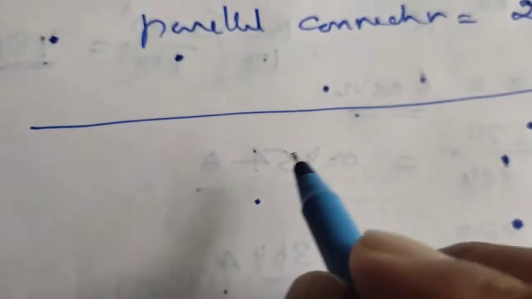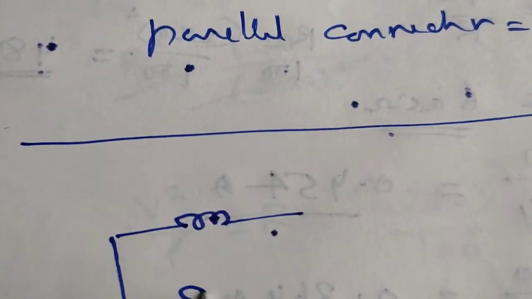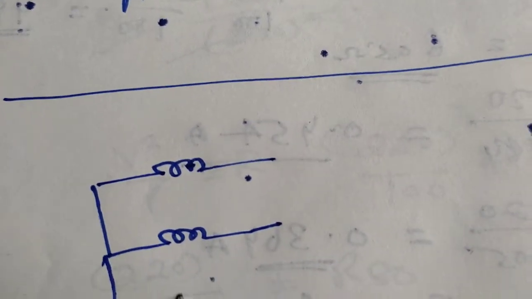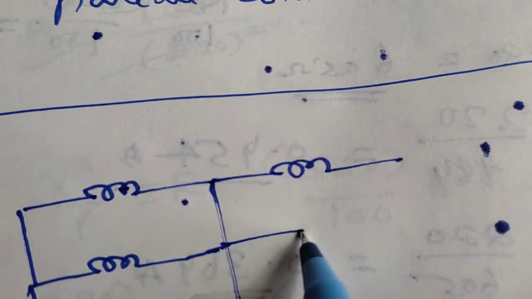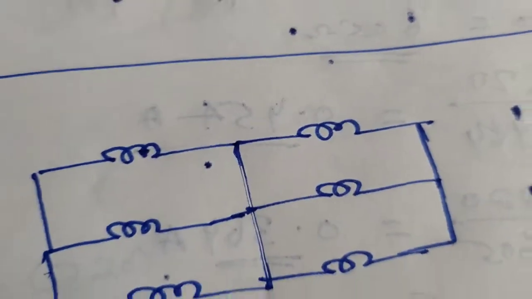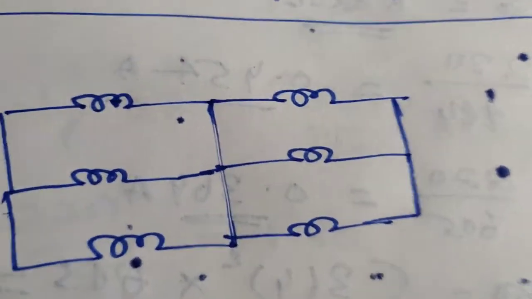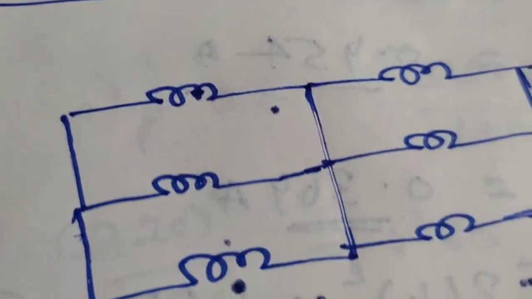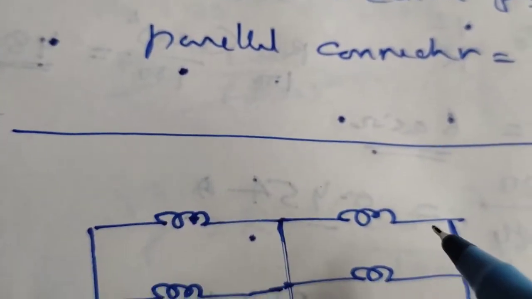Let us see another question. Three bulbs are connected to a cell, and their resistance is the same.